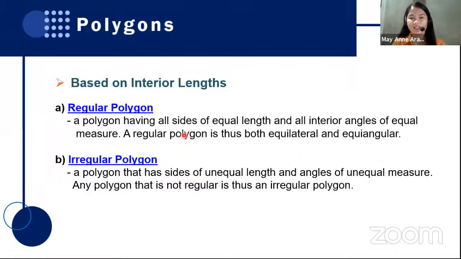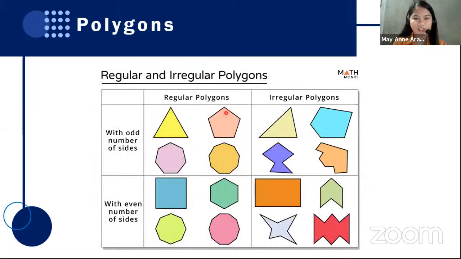And opposite, we have the irregular polygon, a polygon that has sides of unequal length and angles of unequal measure. So any polygon that is not regular is thus an irregular polygon. Okay, we have here some examples of irregular polygons.